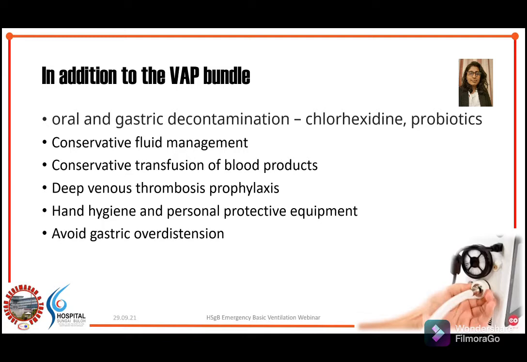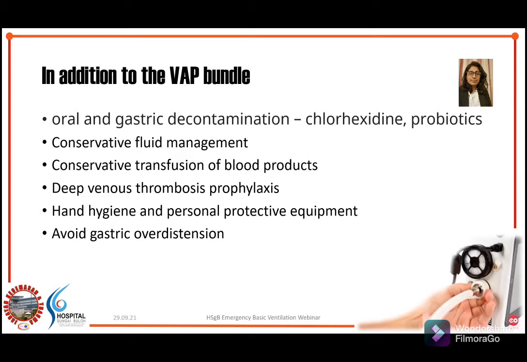Studies have advocated conservative fluid management to prevent VAP, whereby you don't want to simply flood the lungs, as this can create room for bacteria to grow. Conservative transfusion of blood products is advocated because you don't want foreign bacteria to enter the bloodstream.